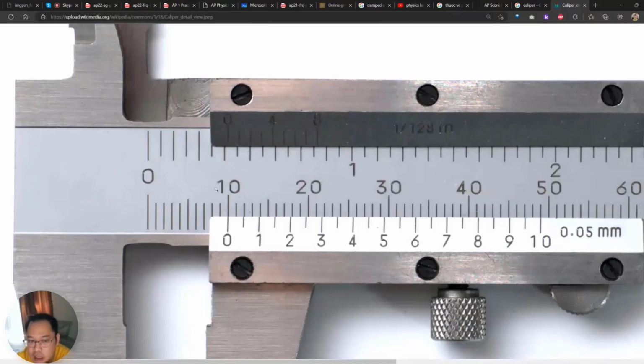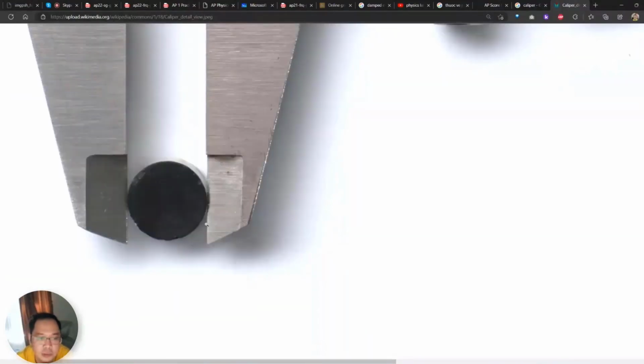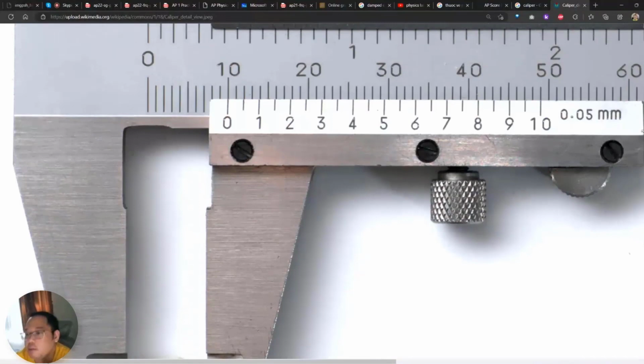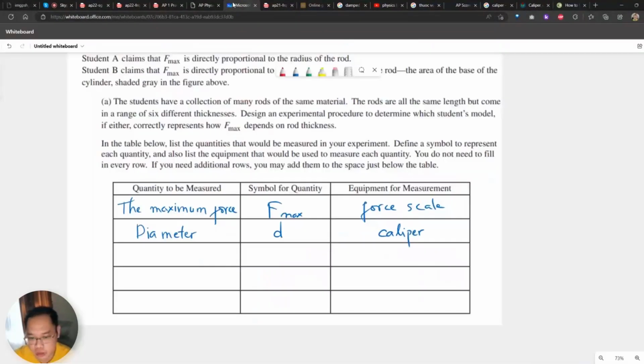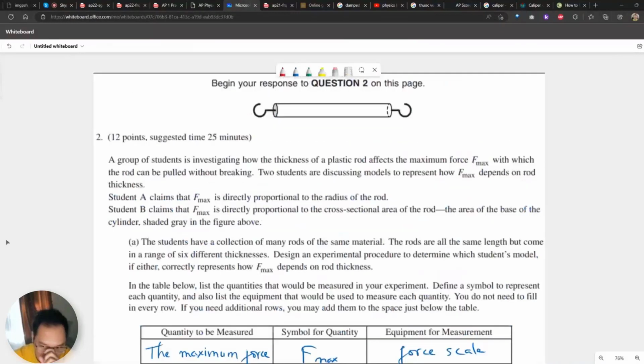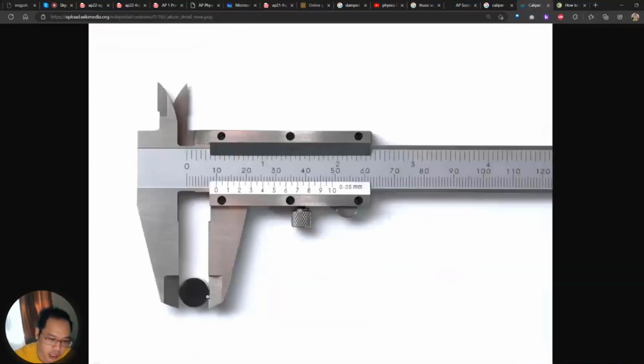So the diameter of this object is 10.5 millimeters, and this tool is a lot more accurate than a normal ruler. You can repeat the measurement of the diameter while rotating the object at different angles, taking the average value.